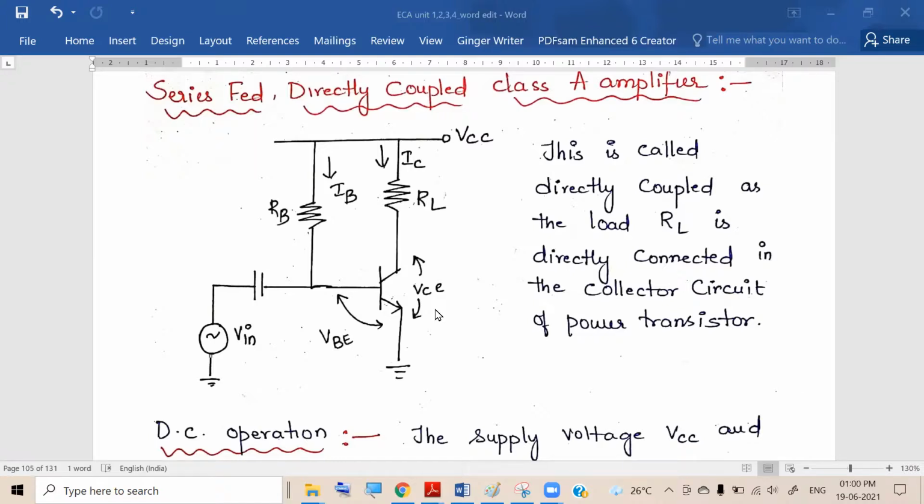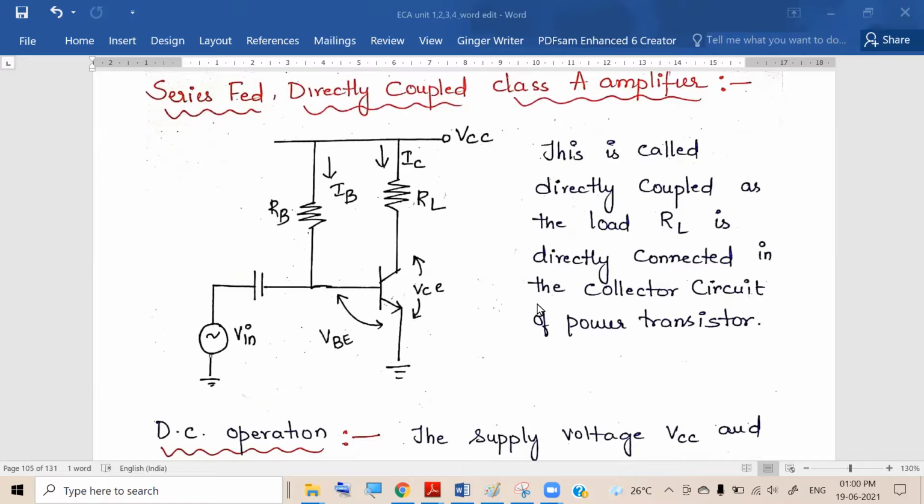Amplifier, what does it do? It amplifies. So tell me, which signal is large in an amplifier, whether the V in AC signal is large or the V out AC signal is large?